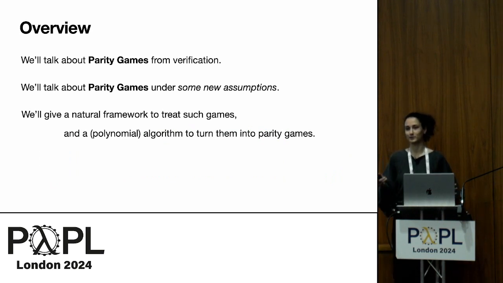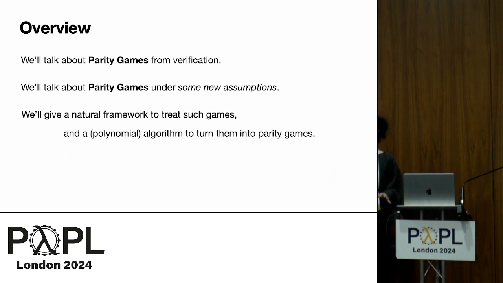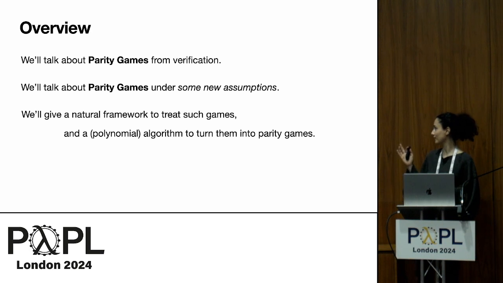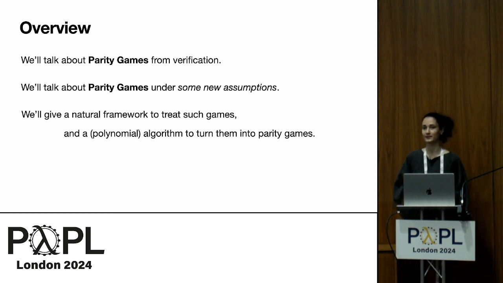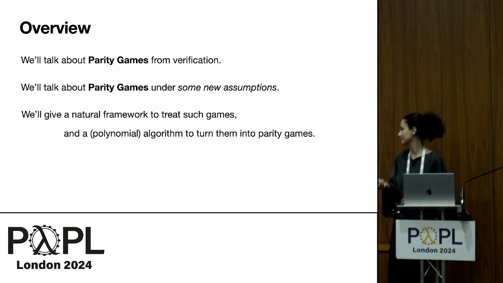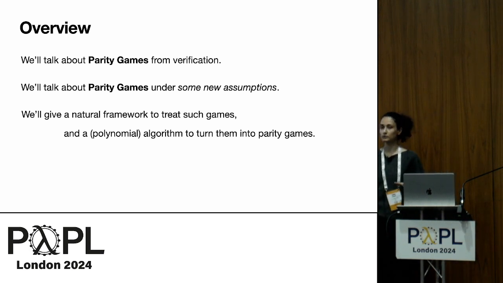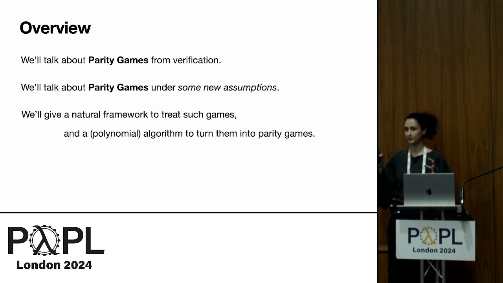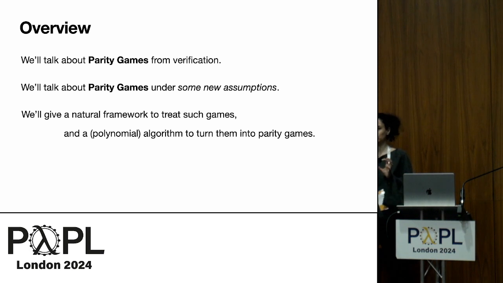I talked about all these for motivational purposes, and throughout this talk, we will talk about some canonical games for verification called parity games, which are a generalization of the reachability games I've just implicitly presented. Then we will talk about parity games under assumptions just like the ones I have presented, but we will put these assumptions on both of the players. Not studied before.